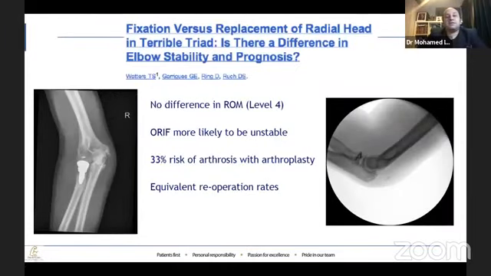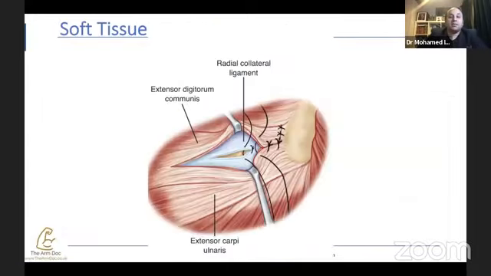Fixation versus replacement: if you can fix it, fine, but if it is unlikely that you will achieve good anatomic reduction that would enable early range of motion, or if you have more than 3 fragments according to the paper by Ring, then replacement would be the best option. So what about soft tissue management?